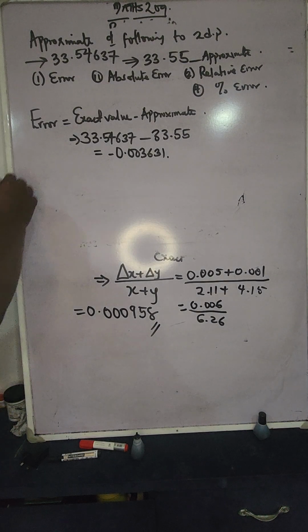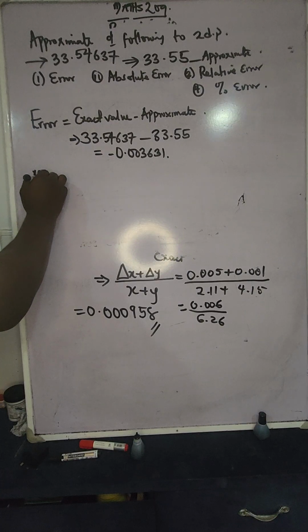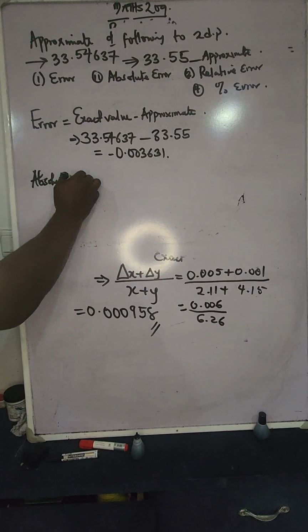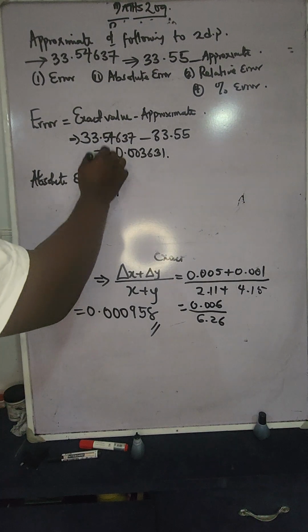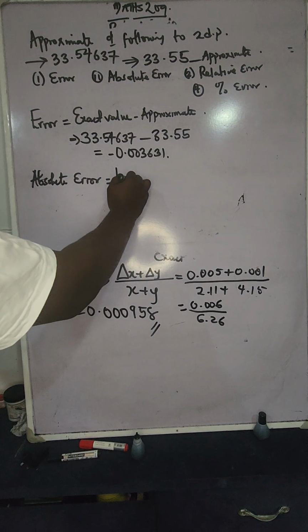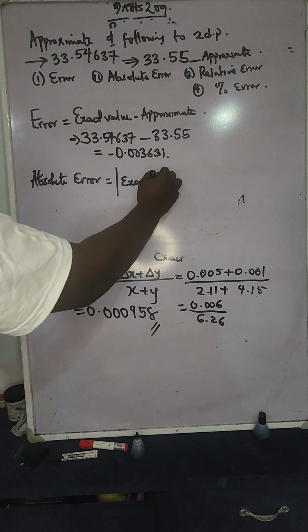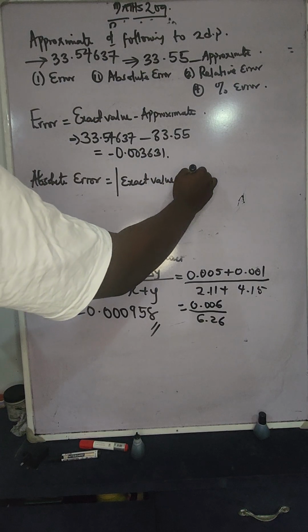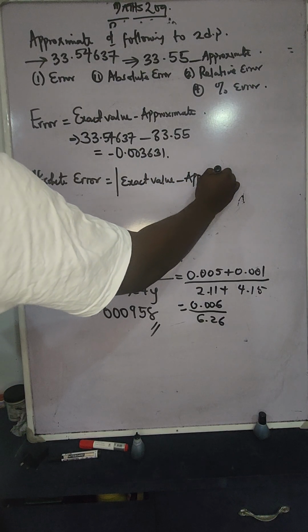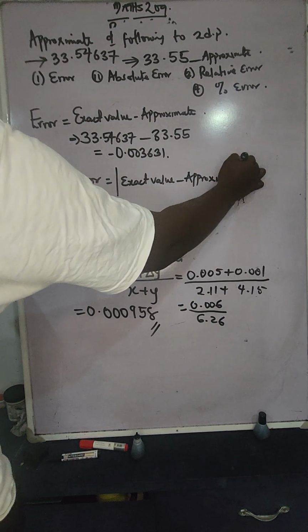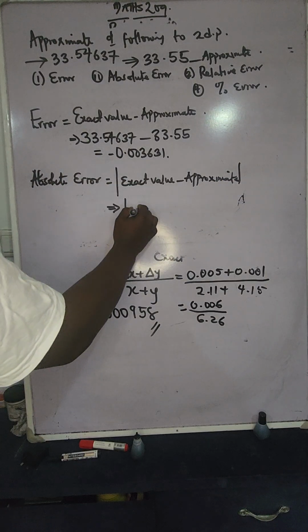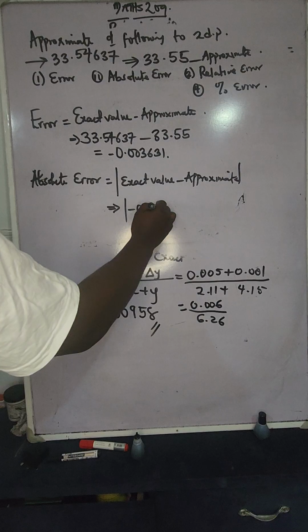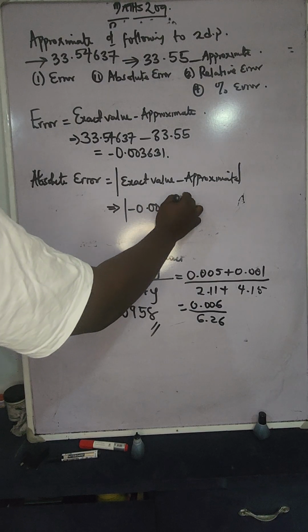And so we want to find the absolute error. I've told you before that the absolute error is just you taking into account exact value minus approximate, which simply means that we are taking into account this figure, negative 0.003631.